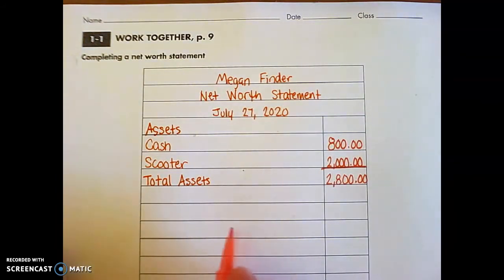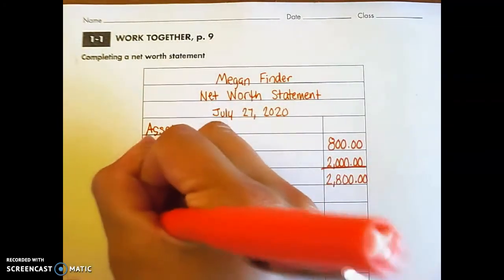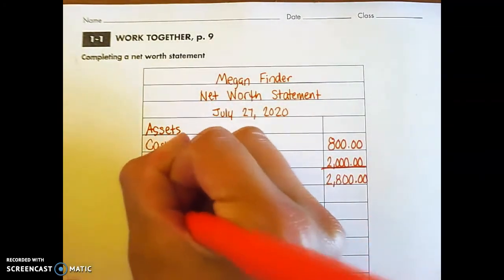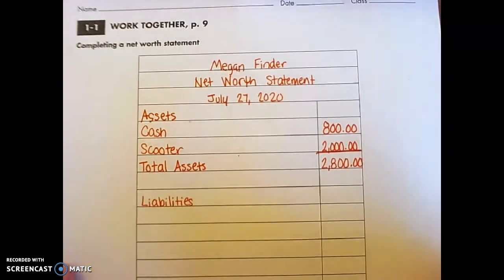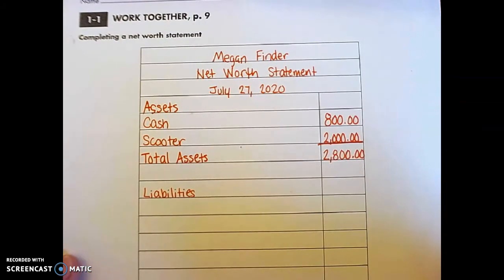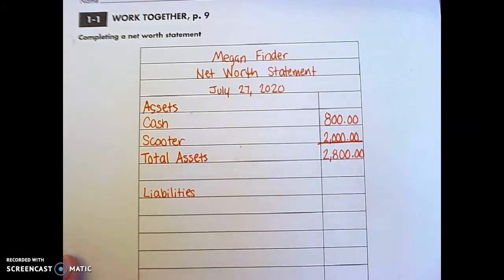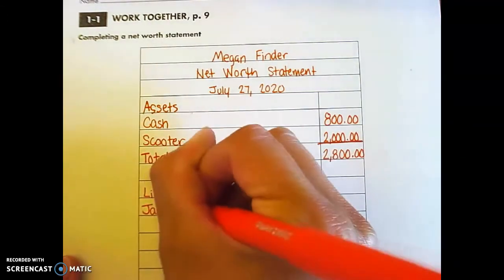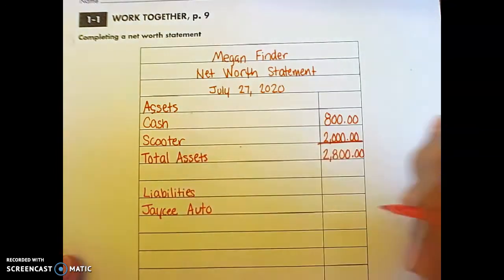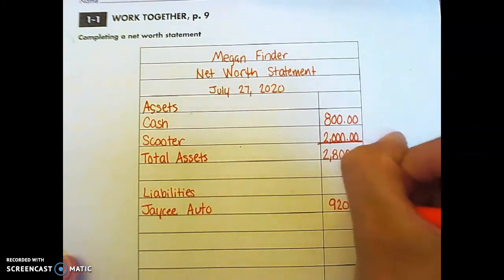Okay, we're going to skip a line, and we are going to do our liabilities section. Liabilities is anything that we owe to somebody else. So she owes money to Jace Auto. She owes them $920.